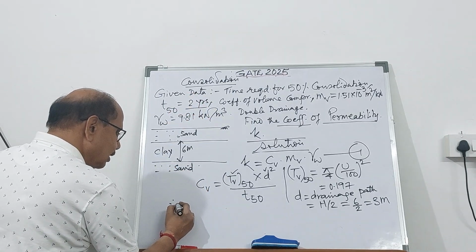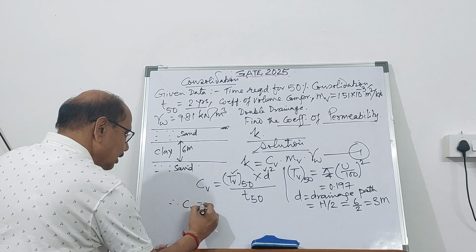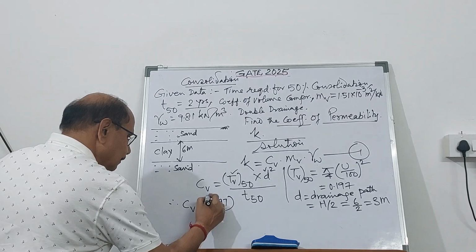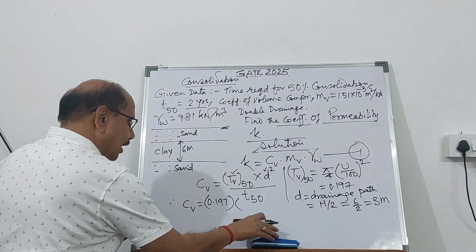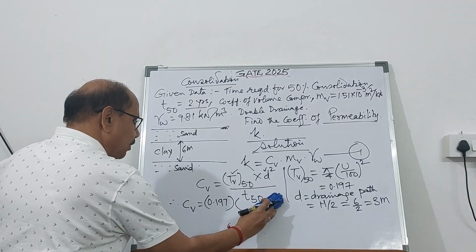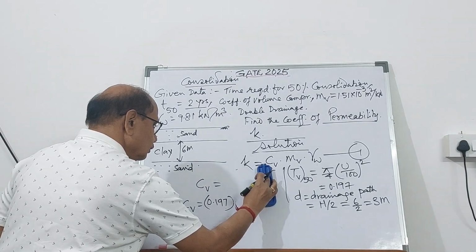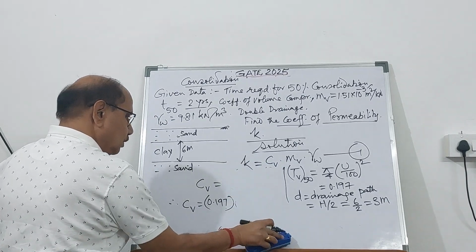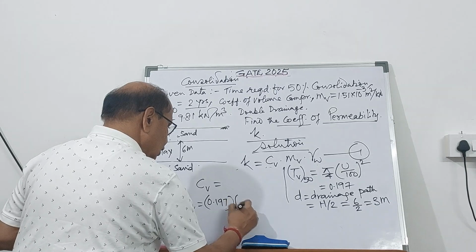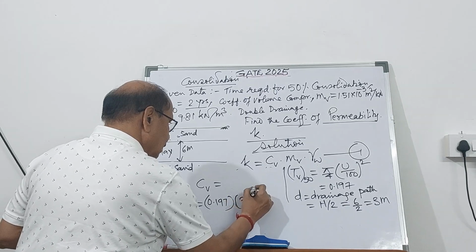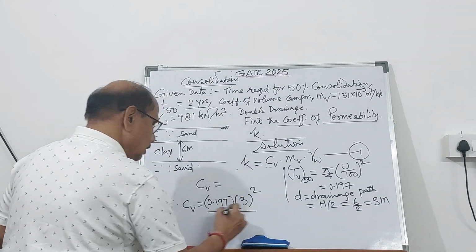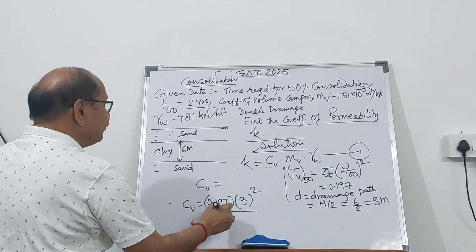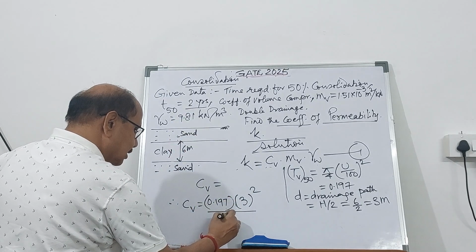Therefore, CV is equal to TV50 into d square divided by T50, that is 0.197 multiplied by the drainage path square, divided by T50, which is 2 years.